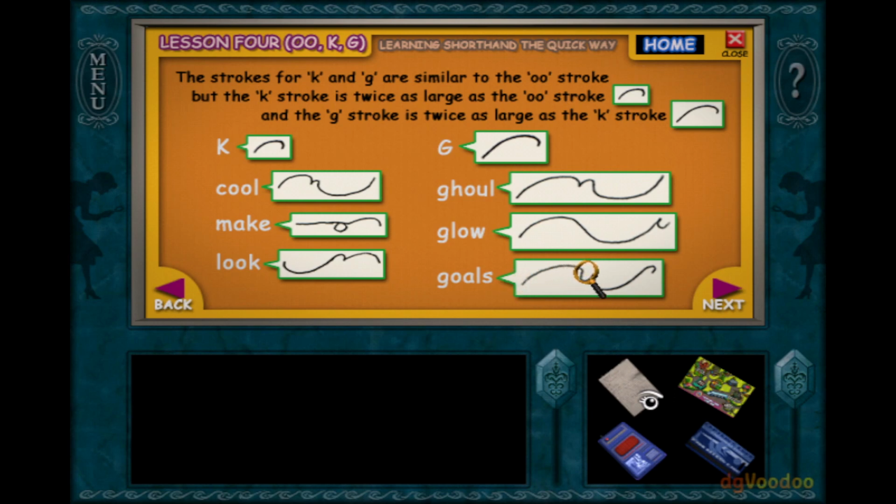There's the G, and there's the O. Right.